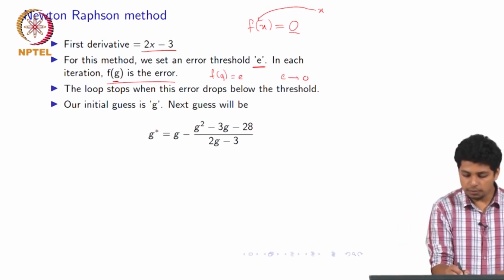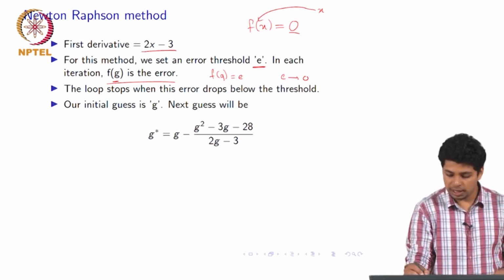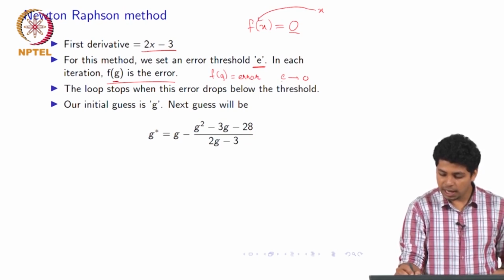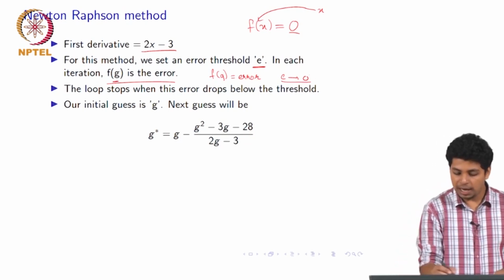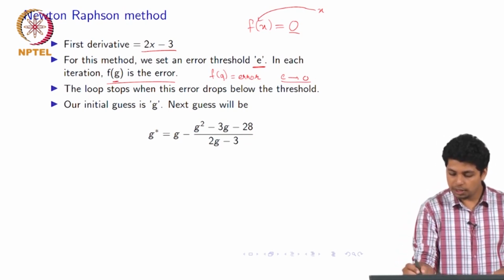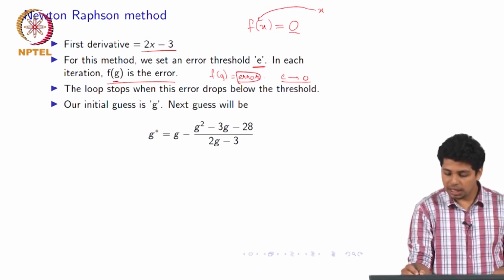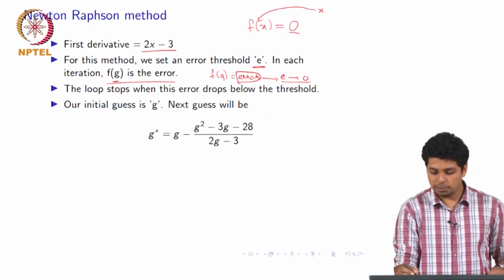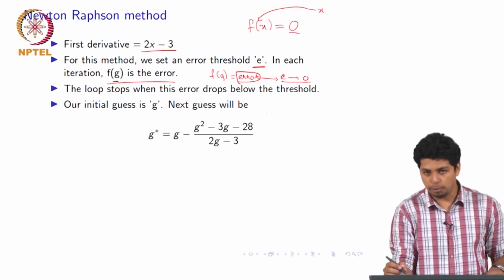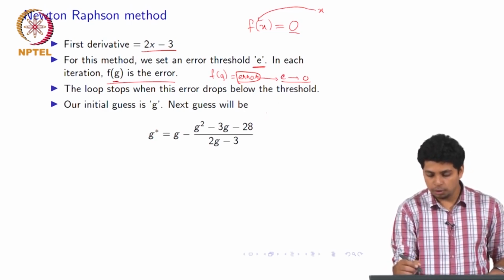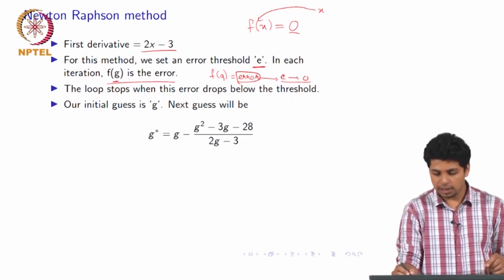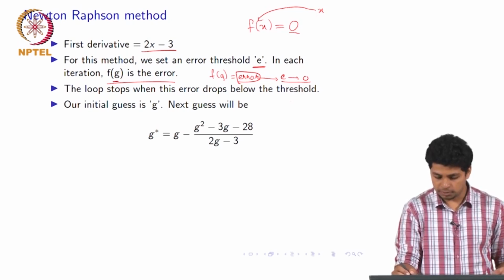Now I set my e as close to 0 as possible, and the loop stops when the value of this error becomes less than this e. Why that is important is because we want to stop the guessing at some point. We do not want the loop to run infinitely, and a little bit of error is tolerated.